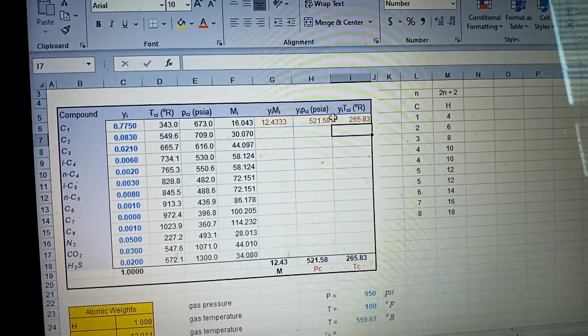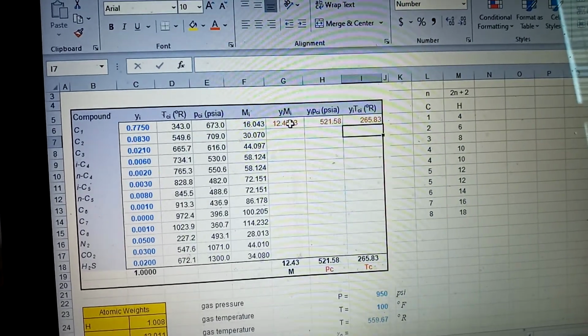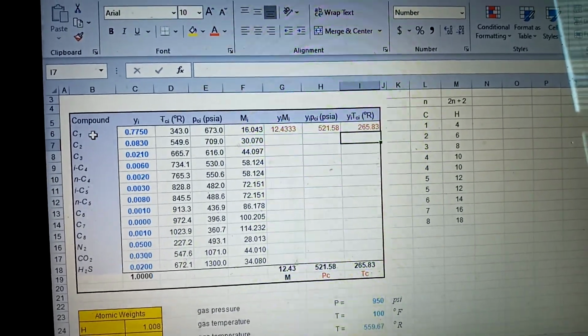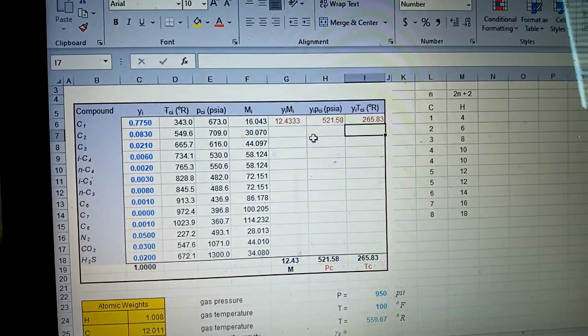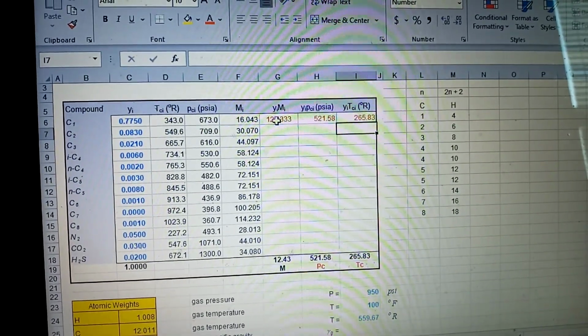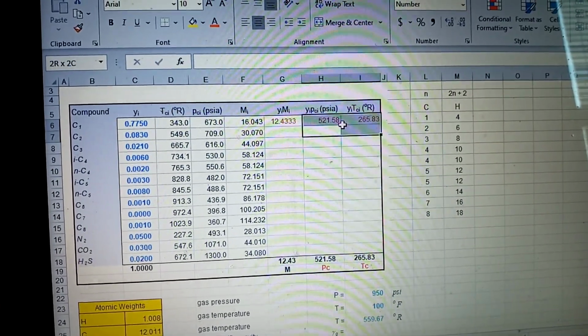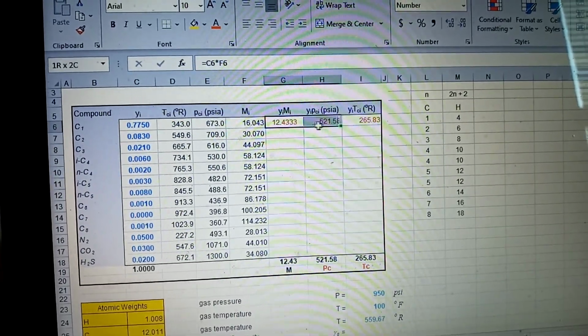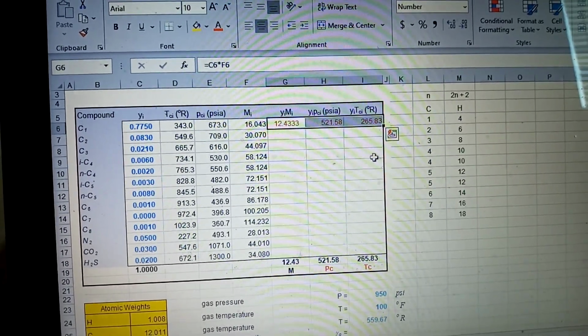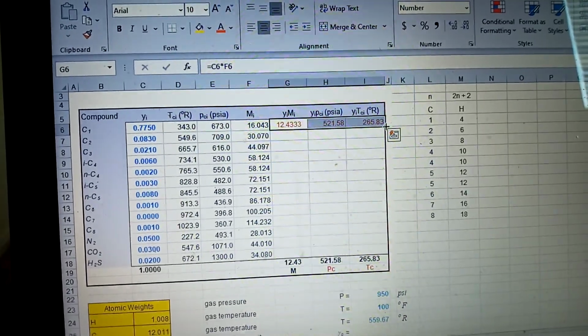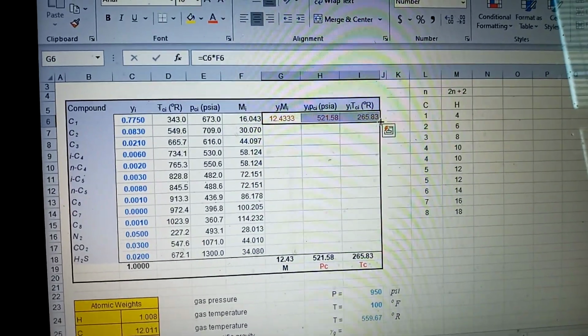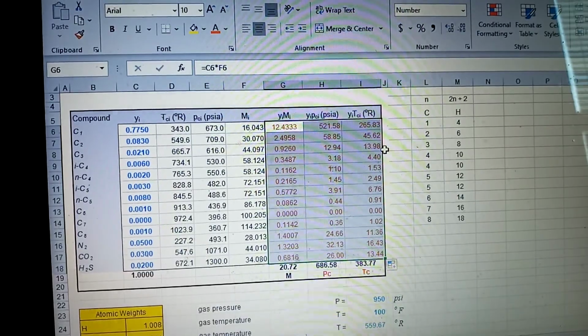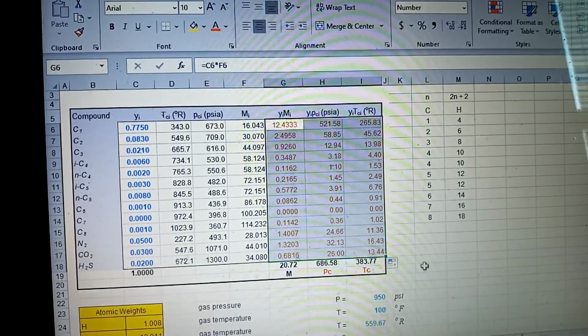So now, that's the partial properties for methane, the first compound. So I'm going to copy all these three. I'm going to highlight the three. Oh, this mouse is busy. Okay, I highlight the three. I'm going to grab the corner here.